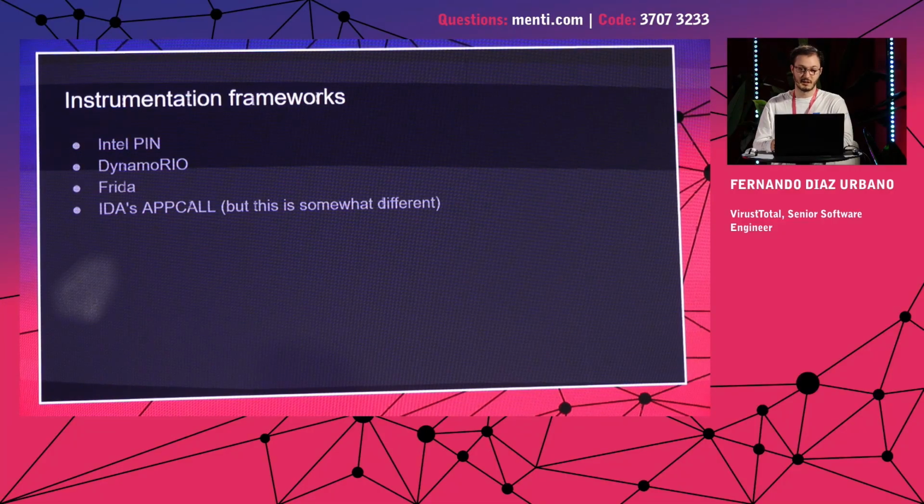It will make the development slower. And then you have IDA's AppCall, but you have to pay for the license. With Frida, it's free. The license is very permissive, and you have access to the code. So anything that doesn't work, you can push a fix, and it's actively developed.